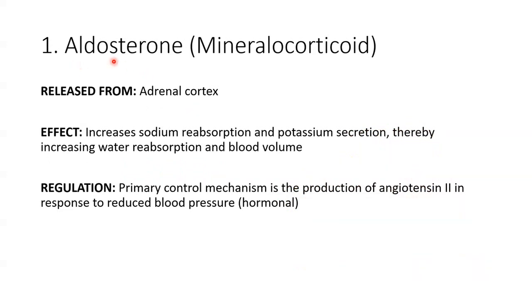So aldosterone is the main mineralocorticoid. It regulates homeostasis of two minerals, sodium and potassium. And by regulating the amount of sodium and potassium in our blood, it helps adjust our blood pressure and our blood volume. So similar to antidiuretic hormone, we will cover this particular hormone in much more detail when we get to the urinary system.